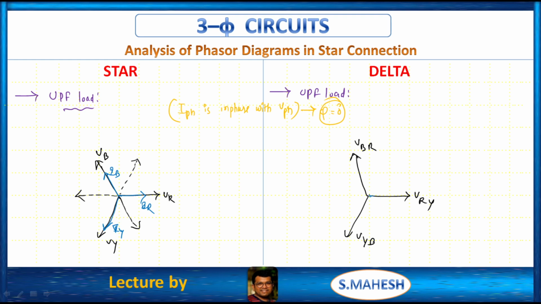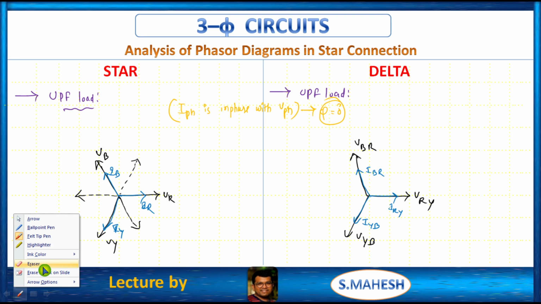Here also this is IRY, this is IYB, this is IBR. Completed. Okay. Then to get line voltage, VR minus Vy, right?